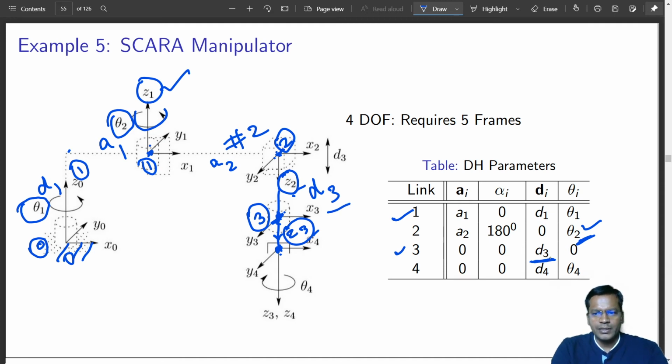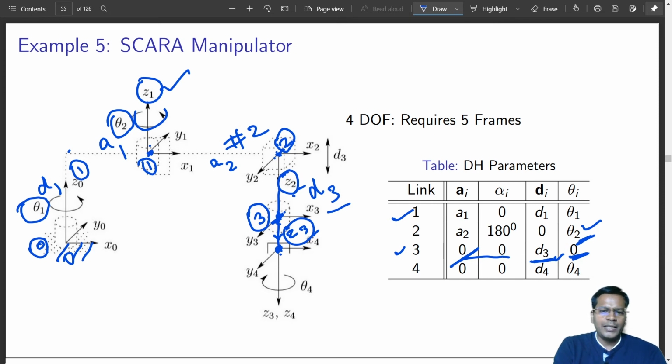So d3 is the only joint variable and the only joint parameter which will exist. It is not a revolute joint, so this is 0. This is the effect of having a prismatic joint over here. It will just make point 3 go up and down. There is no twist, and there is no distance between the two z axes, z2 and z3. Reason being, this is making it 0.